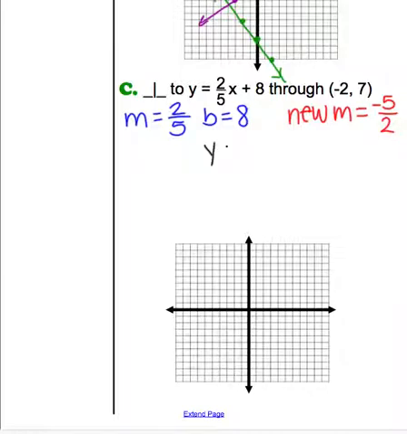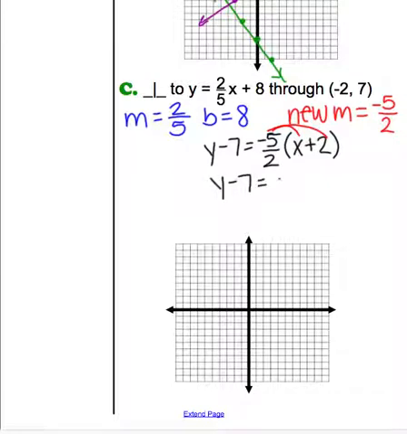y minus y1, which is 7, equals our slope of -5/2 times x minus -2, which would be x plus 2. We can go ahead and distribute the 5/2, giving us y minus 7 equals -5/2 x, and the 2's will end up canceling, so we have -5.